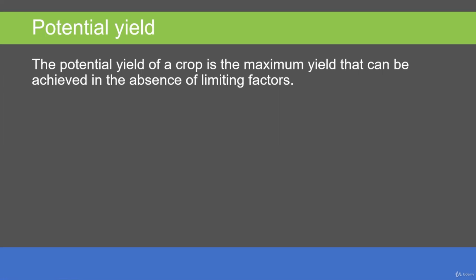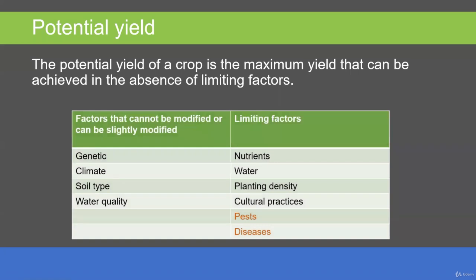Anyways, nutrients affect the crop yield, right? So in order to understand that, let's see what's the potential yield of the crop. The potential yield of a crop is basically the maximum yield that can be achieved in the absence of limiting factors. So what are limiting factors?